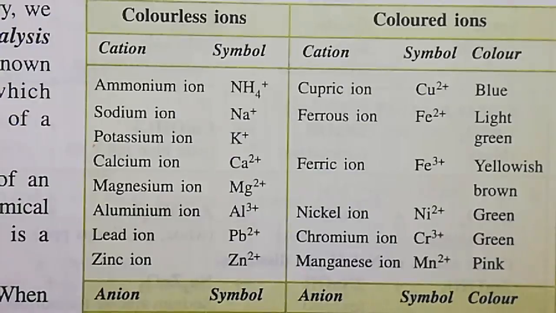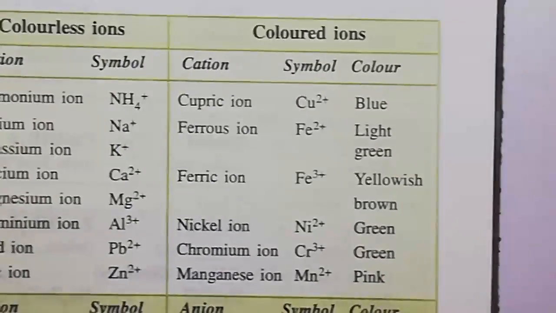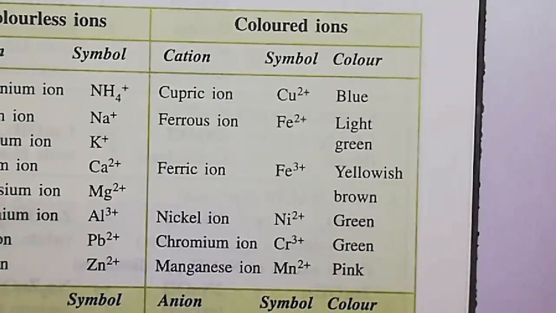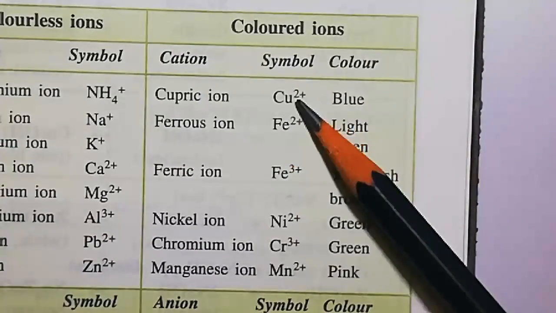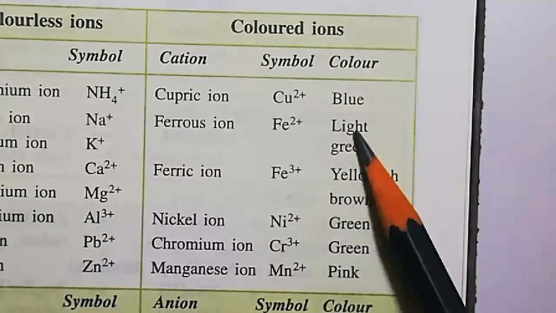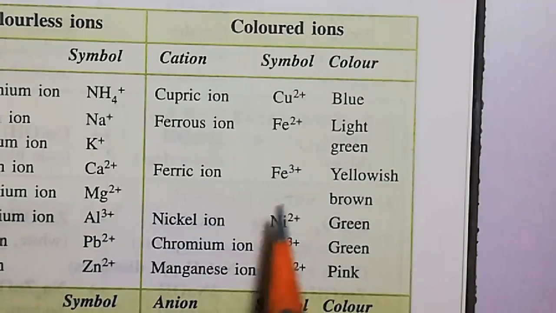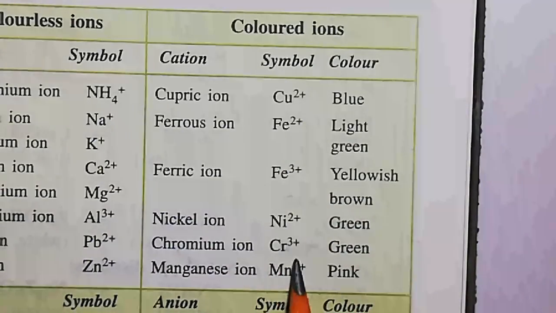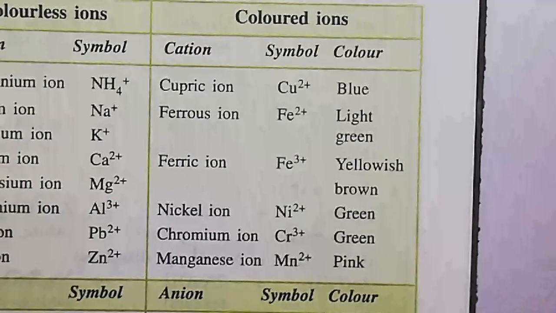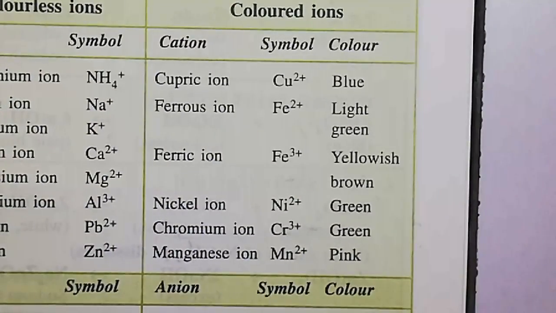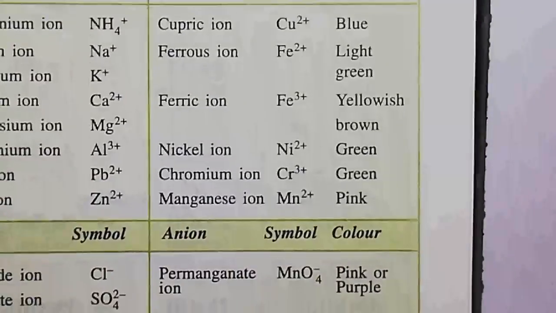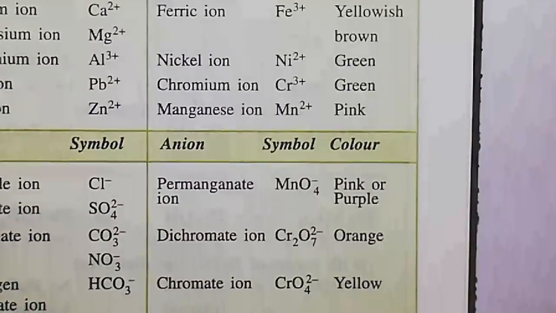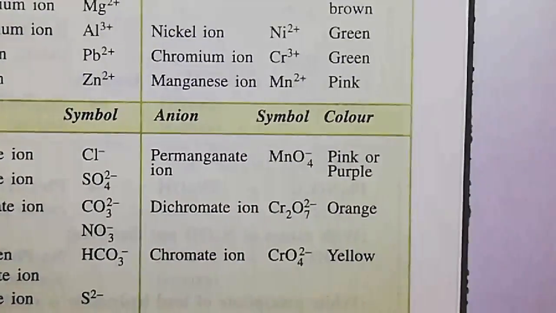After that you have to remember the colored ions. The cupric ion Cu2+ is blue, ferrous ion Fe2+ light green, ferric ion yellowish brown, nickel ion green, chromium ion green, manganese ion pink. You have to memorize the color of these ions mainly in aqueous or acidified solution.